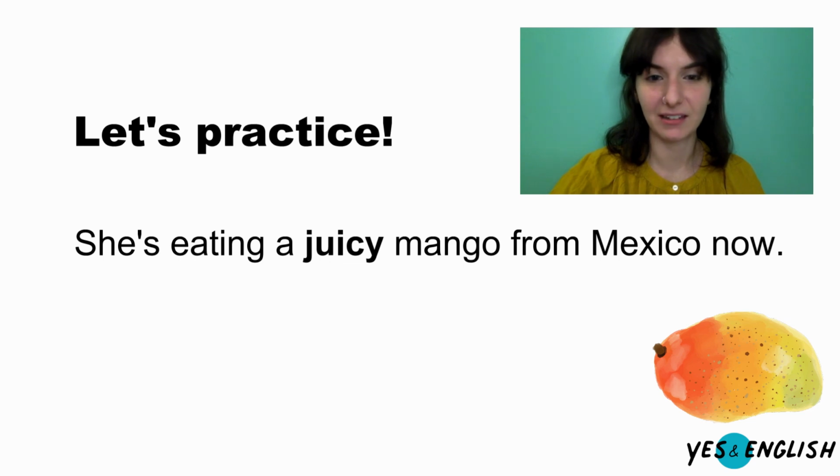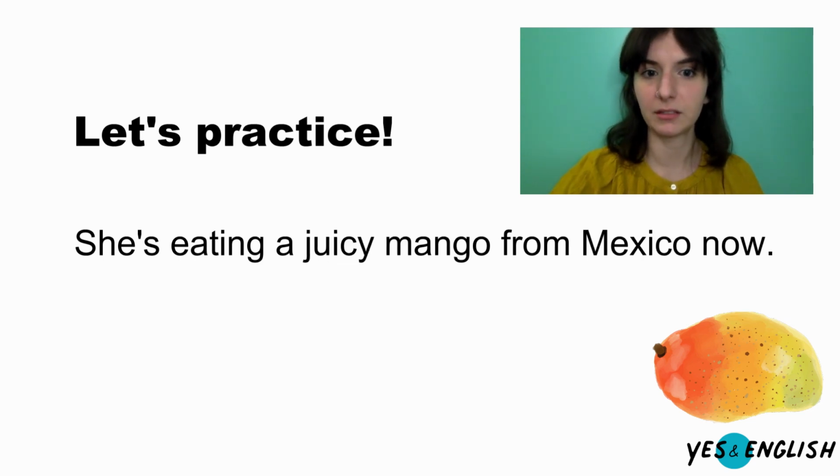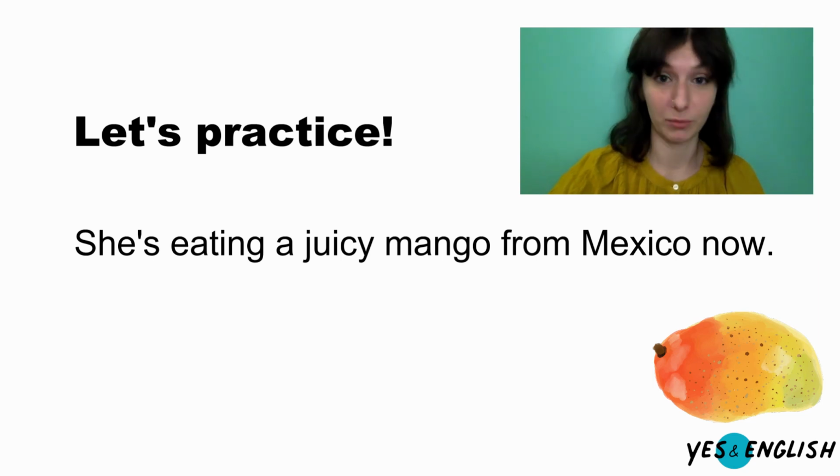Okay, and the next one would be verbs. Are there any verbs in the sentence? There are 2 verbs in the sentence. There is a helping verb and there is a main verb. What is the helping verb in this sentence?